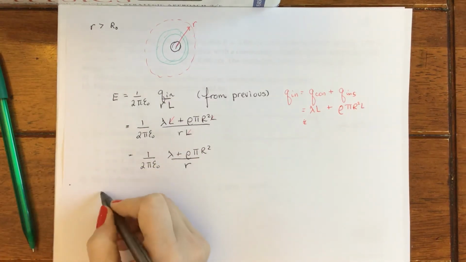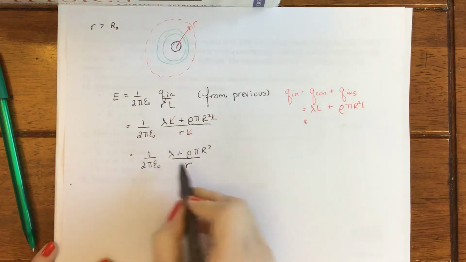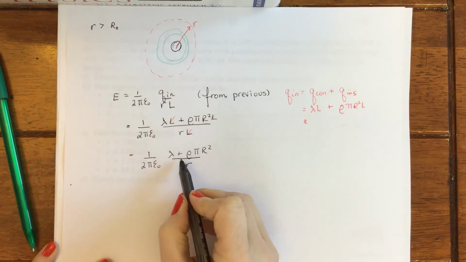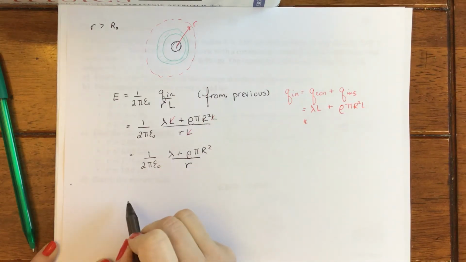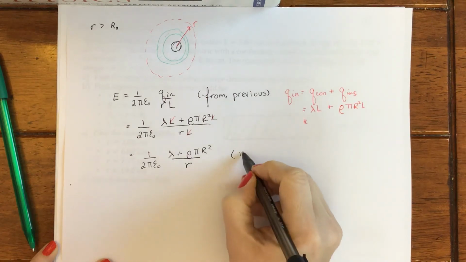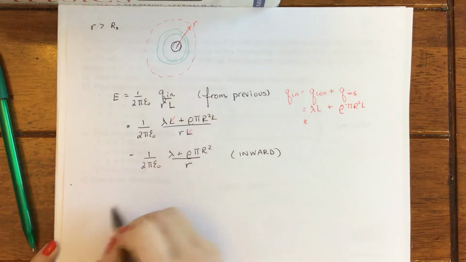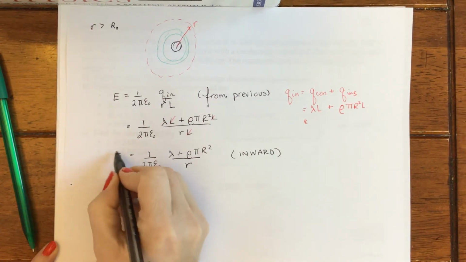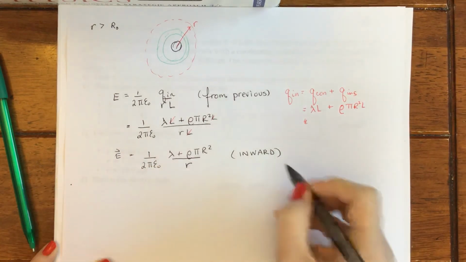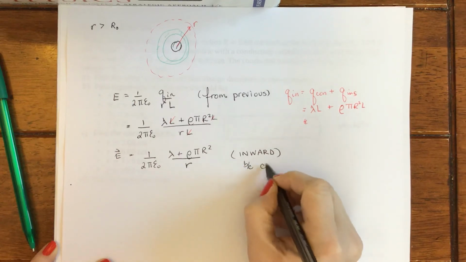So here's our electric field. If we put our numbers in, we'll see it's negative, so we'll say inward. Okay, it depends on the size of lambda and rho, and the way these work out is that the net charge is negative. So the field is inward because the charge is negative.